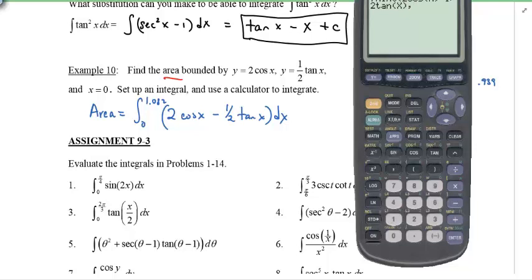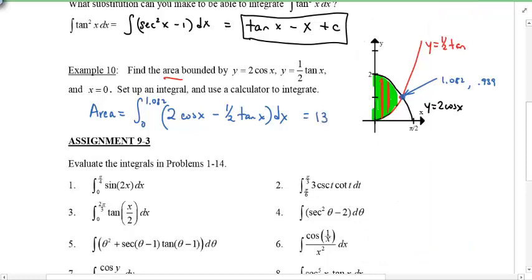Don't forget comma x, comma 0, comma 1.082, your limits. 1.388. Okay, there you have it.